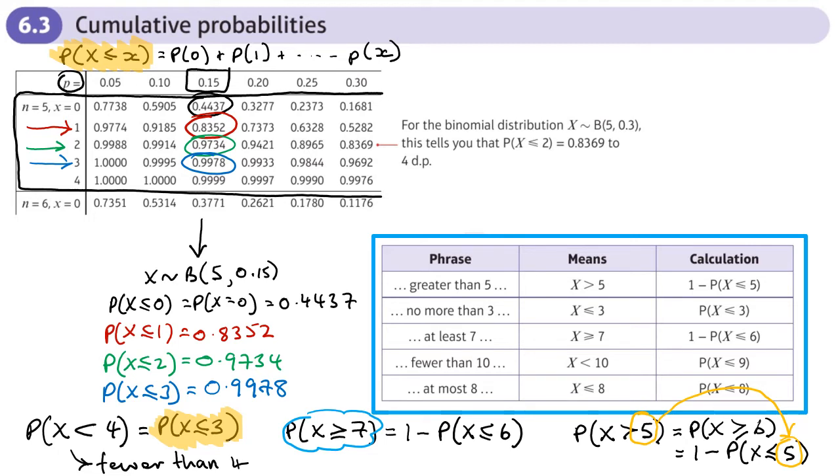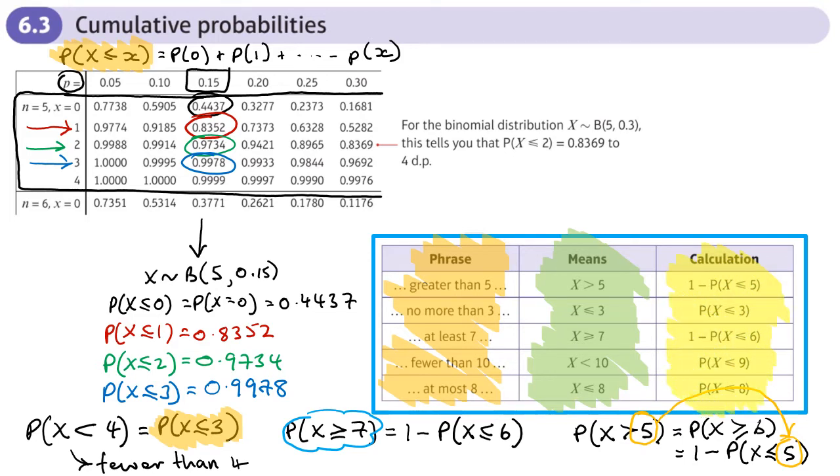Now there's this table here, and this table summarizes the phrases that we might see. The second column summarizes what it actually means as an inequality, and the last column summarizes the actual calculation that we do.